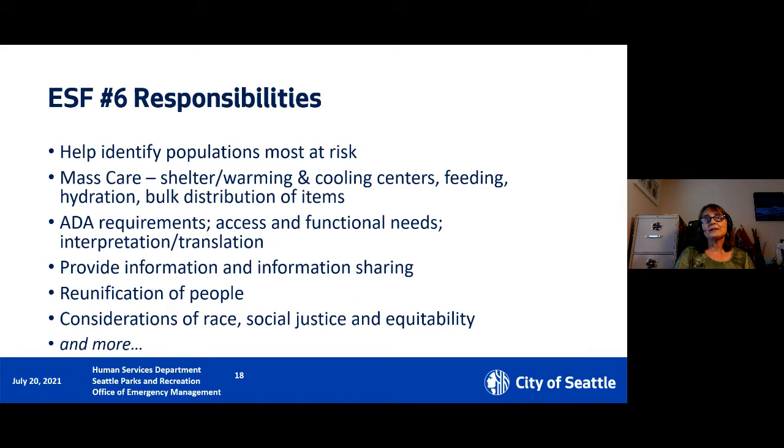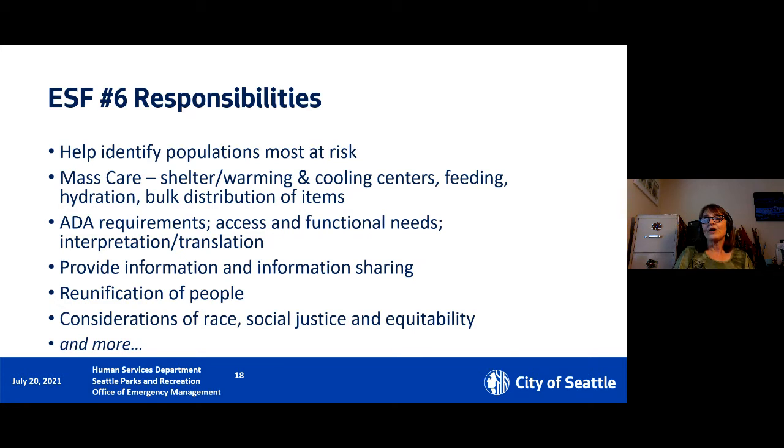The responsibilities of ESF6 include helping identify populations most at risk, and mass care, which we are focusing on in this presentation. This can include shelter and warming and cooling centers, such as we opened during the recent heat wave, feeding, hydration, and bulk distribution of items.